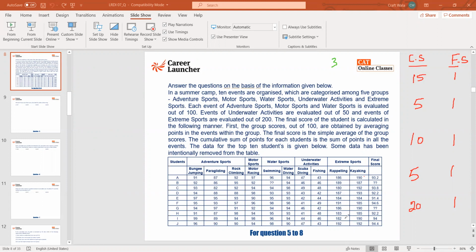I can give him 18 points here and 10 points here. 18 plus 10 is what? 28. 28 points if I give him. His final score will improve by how much? For every 20, it improves by 1. So for 28 points it will improve by 1.4.